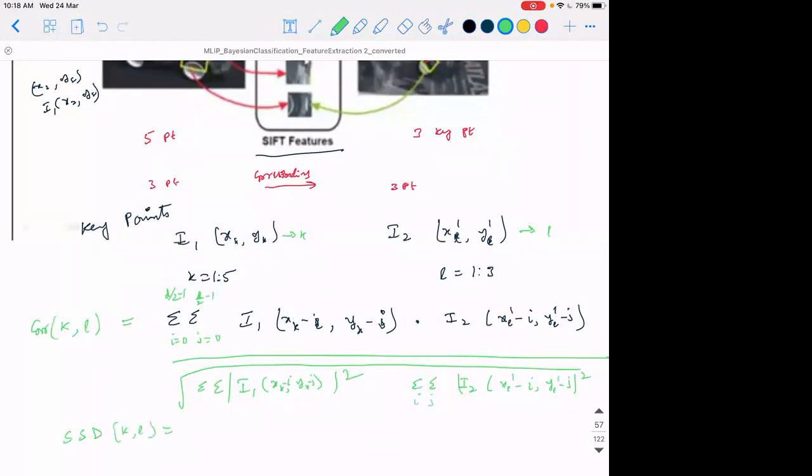Simply I1 of xk minus i, yk minus j, minus I2 of xl dash minus i, yl dash minus j, whole square, summed over i and j. Since we have squared them, we can just apply a square root.